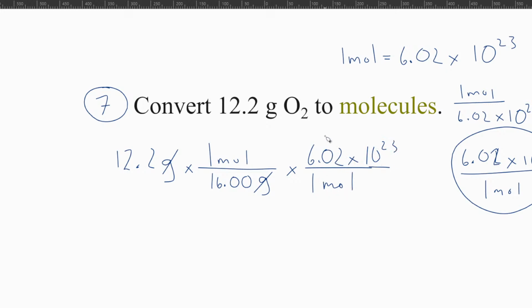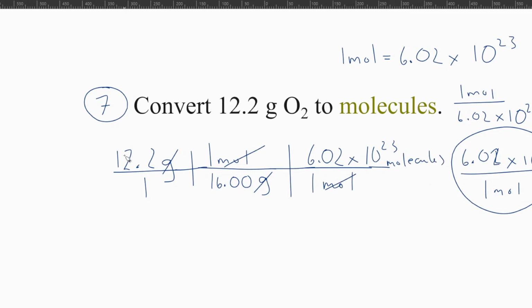So you can see how we set this all up here. We'll just put this over 1, and we can connect these like this. And again, get rid of that, put some lines through there, give us our picket fence, our railroad, and moles cancel out. We're left with molecules.